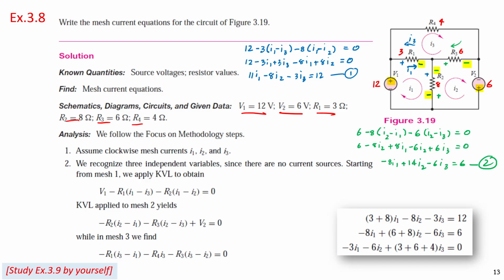Okay, then mesh number 3. Then we keep the direction of I3 as the positive direction, right?